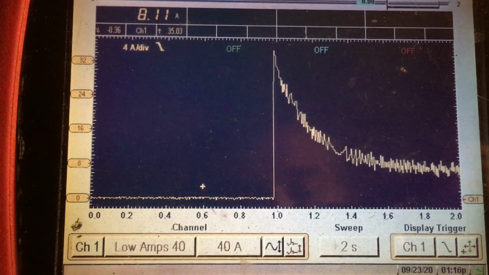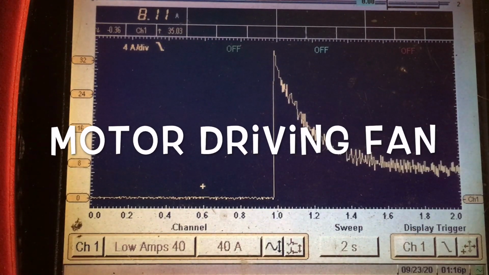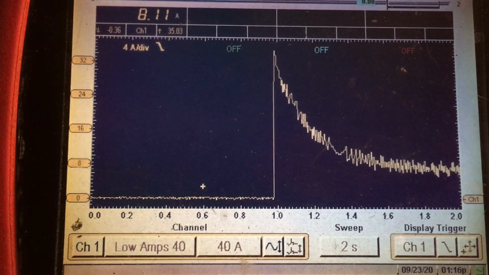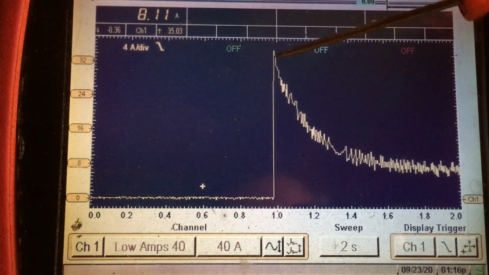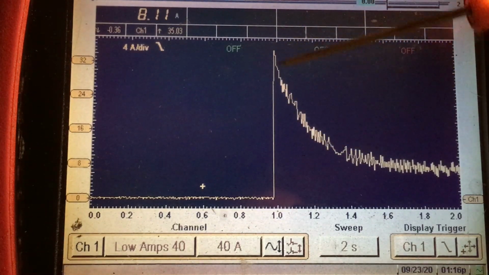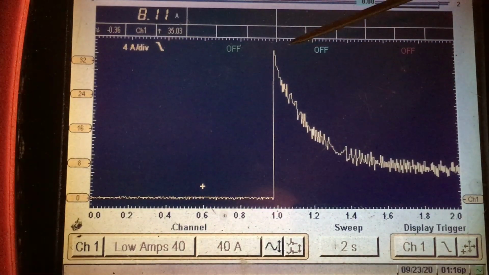So what we have on this first waveform, boys, is the normal scenario. The DC motor is driving the squirrel cage blower fan. You can see that I've applied the power here. As you would expect, we have an inrush current reaching a maximum of just over 35 amps.